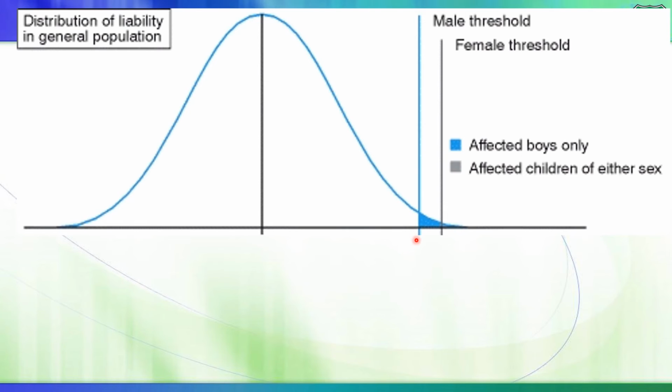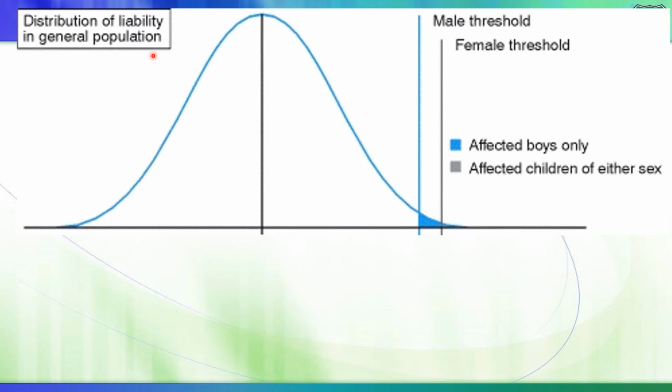Notice that you have more males affected than females. Females are shown here. The proportion of males that are affected is much higher than females, being a male dependent condition. That's in the general population.